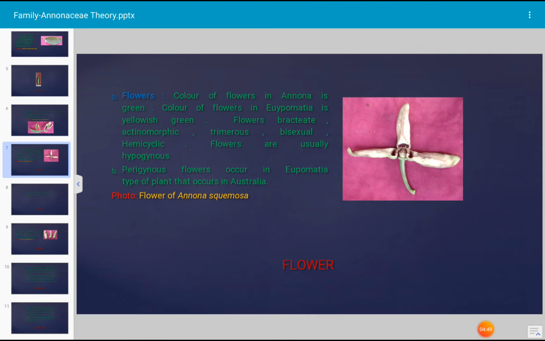Bisexual, that means Androecium and Gynoecium both are present in flowers of most of the plants of family Annonaceae. And it is hemicyclic. Flowers are usually hypogynous, that means ovary superior. Perigynous flowers occur in Eupomatia. It is the name of a plant, a type of plant that occurs in Australia. Photograph is given. It is the flower of Annona squamosa.